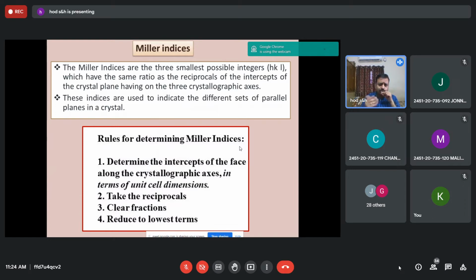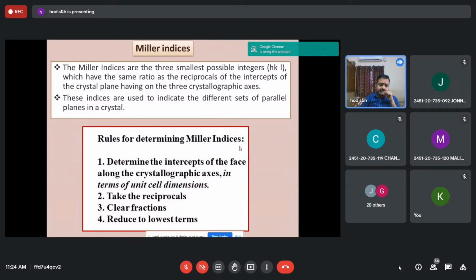So there are certain rules for finding Miller indices. First, we should identify the intercepts made by a plane on the 3 axes, where it cuts the x-axis, y-axis, and z-axis. Then you take the reciprocals of these intercepts. After taking the reciprocals, you clear the fractions. How to clear the fractions?